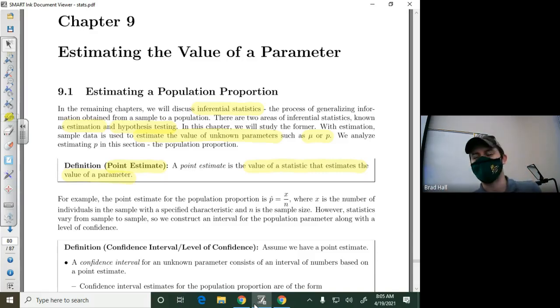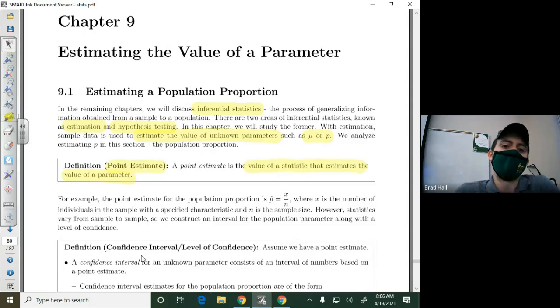And I'd say that would be a point estimate if we were to say, well, maybe that is a good characterization of the average height of students at Southeastern. We use the height of people in this class. Is it a good estimate? That's an arbitrary thing. It may or may not be, but it would be a point estimate if we make such an assertion.